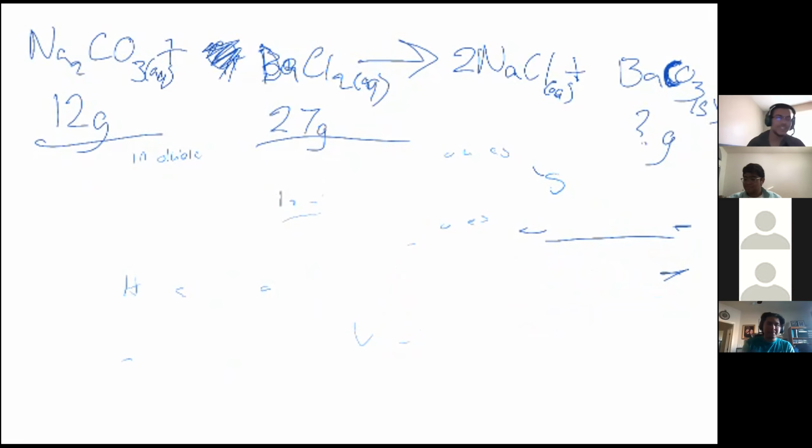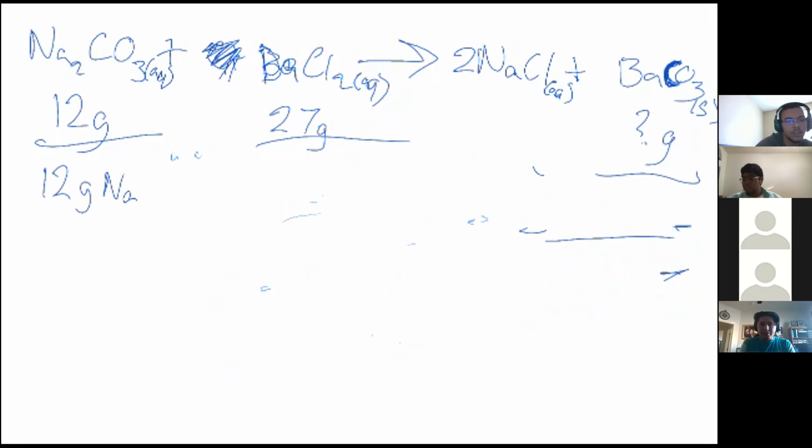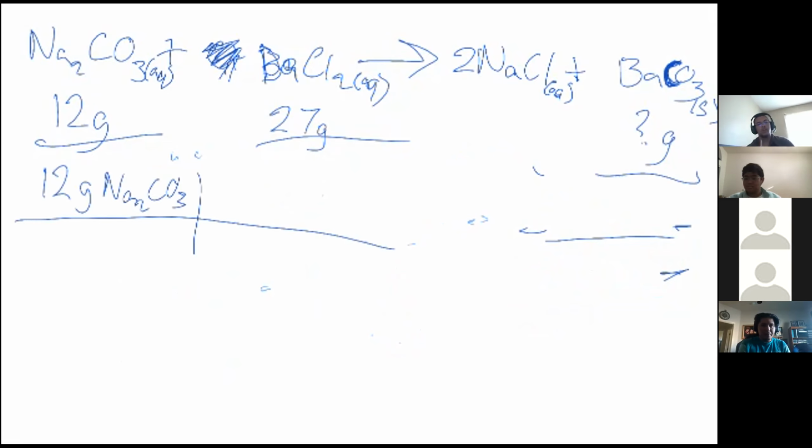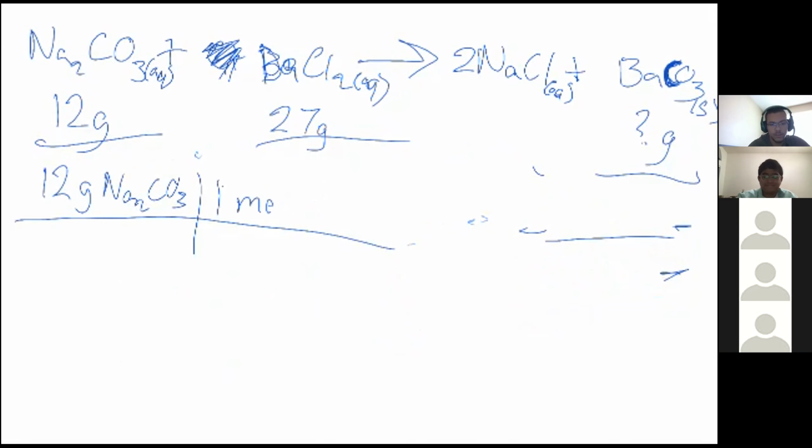So how are we going to go from grams of sodium carbonate to moles of sodium carbonate? Get the molecular weight of sodium carbonate. Beautiful. Does anyone know what it is?